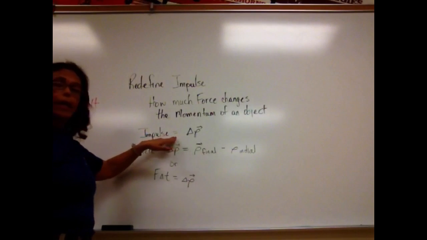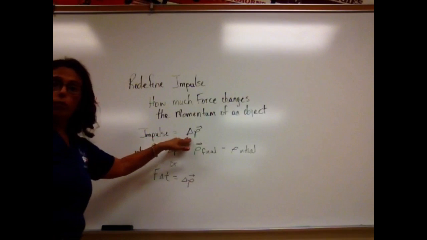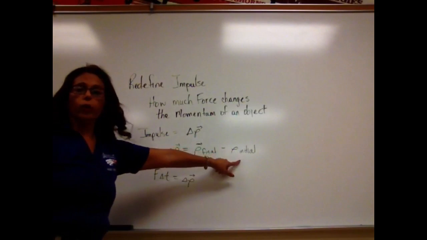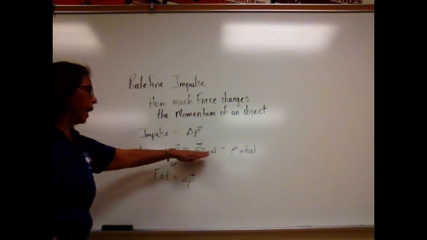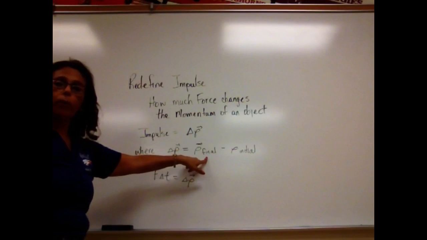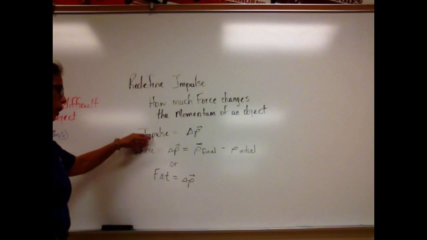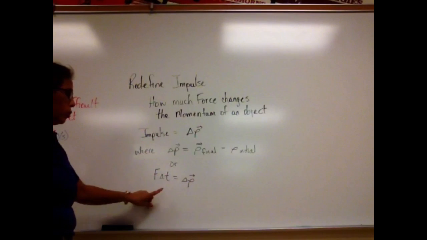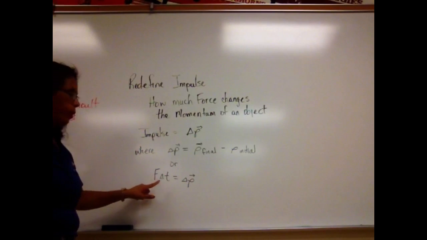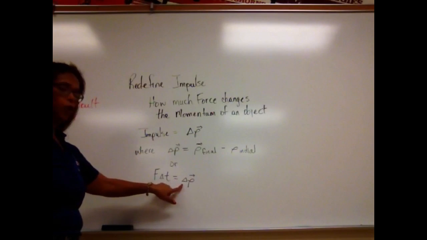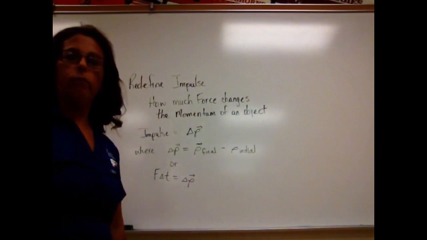So impulse can equal the change in momentum. If the object was originally stopped and then we gave it an impulse to give it momentum, we can put these together and calculate our impulse. We can also use the equation F multiplied by change in time, which was impulse, and set it equal to the change in momentum.